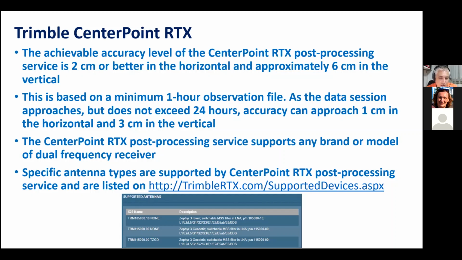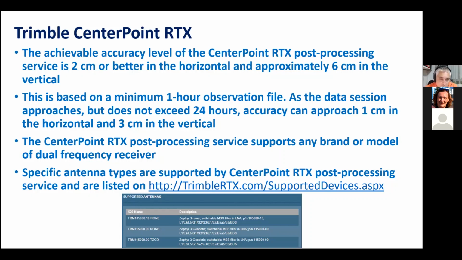The CenterPoint RTX post-processing service supports any brand or model of dual frequency receivers. So since it is a service provided by Trimble, it supports all receiver brands, but there is one requirement: the receiver must be at least dual frequency, or better, multi-frequency. Specific antenna types are supported by the Trimble RTX post-processing service, and they are listed on this link.